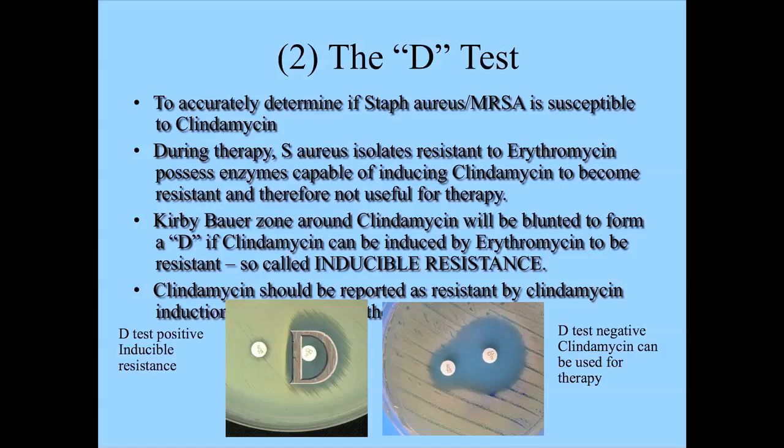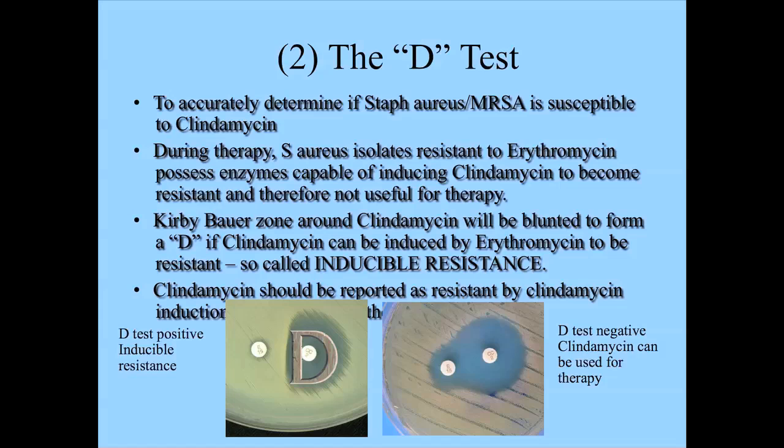Clindamycin is often used as a topical agent for soft tissue infections, and for people who are allergic to many antibiotics, clindamycin can be used for systemic infections. So it's very important that you have an accurate judge of whether clindamycin is susceptible or not.